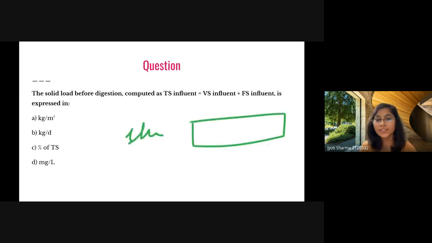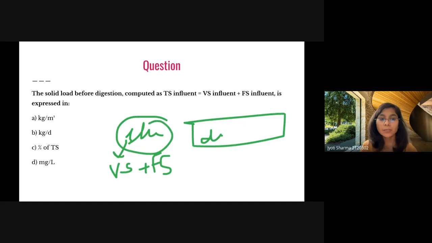Under this digestion process, it is volatile solid plus fixed solid, and you need to tell me the unit of this solid load that you will have before digestion.